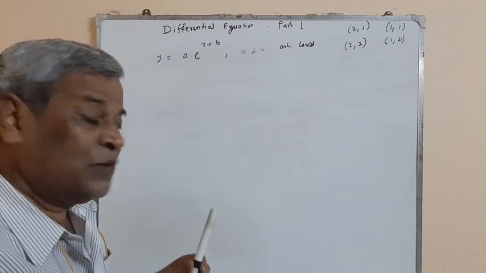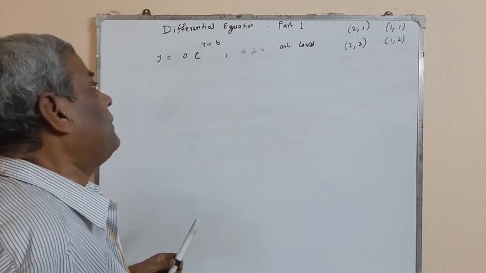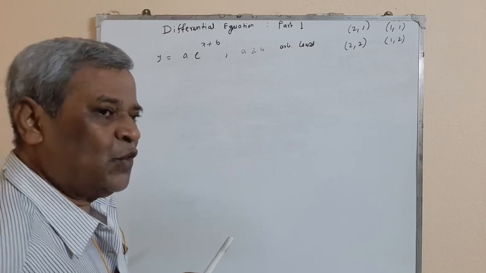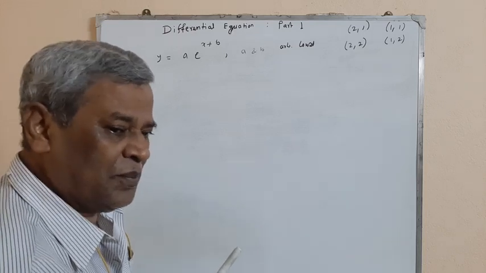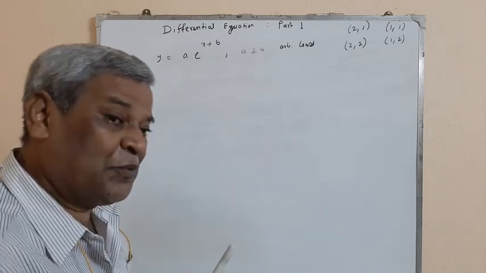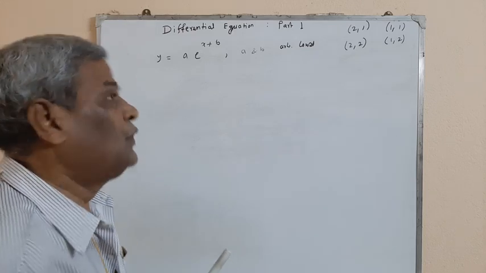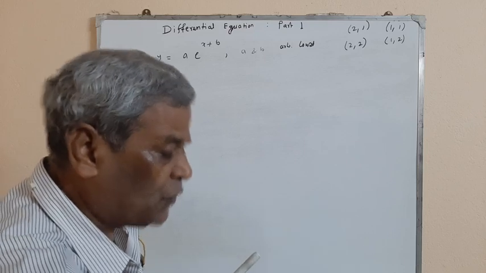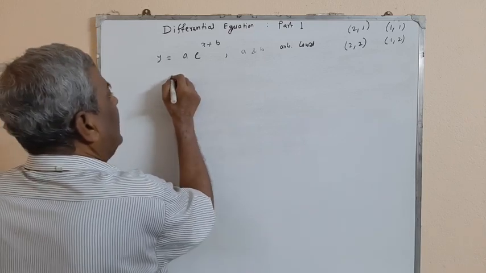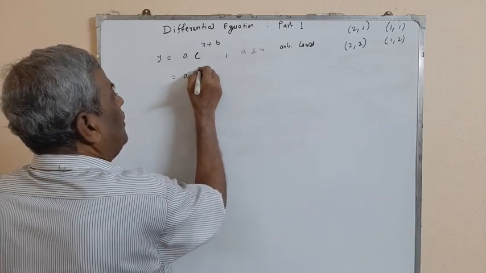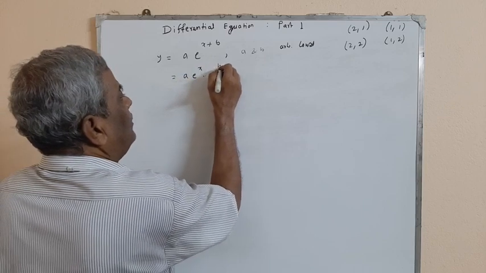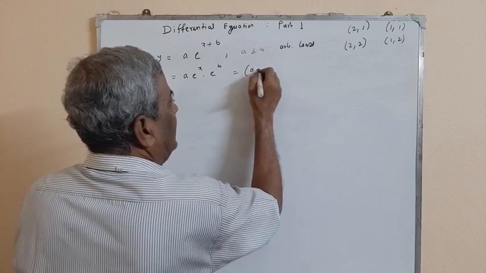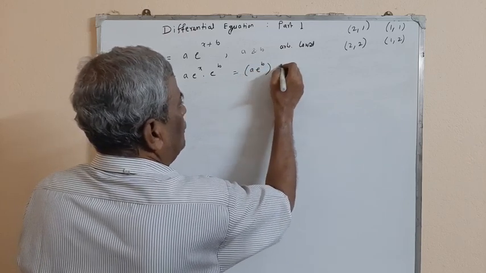Actually, we see that it involves two arbitrary constants, so order will be 2. But I told you, first of all you have to simplify it to its simplest possible way. This can be written as a e to the power x into e to the power b, so a e to the power b into e to the power x.